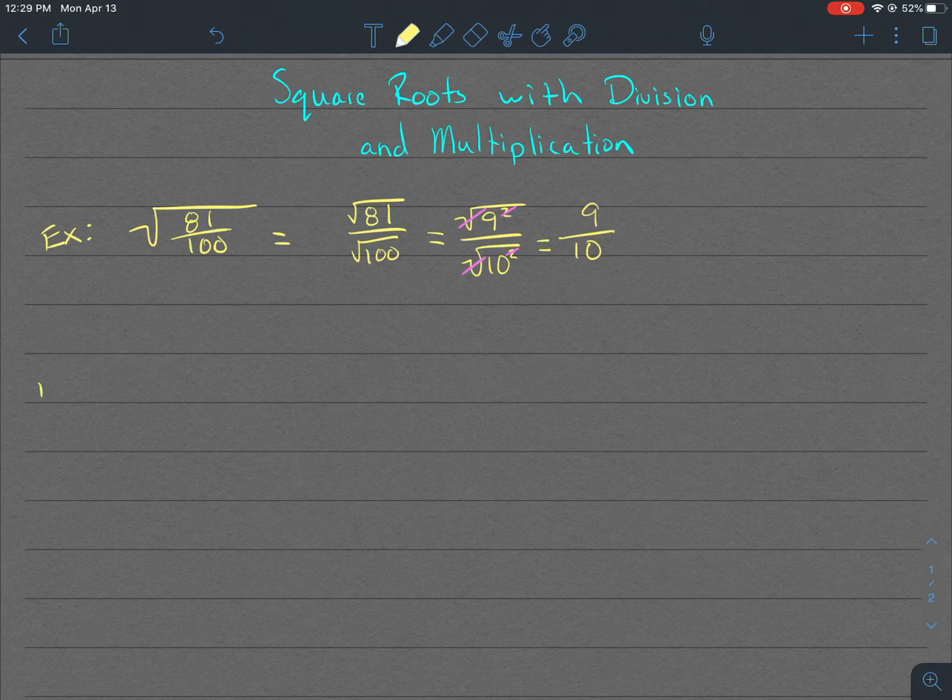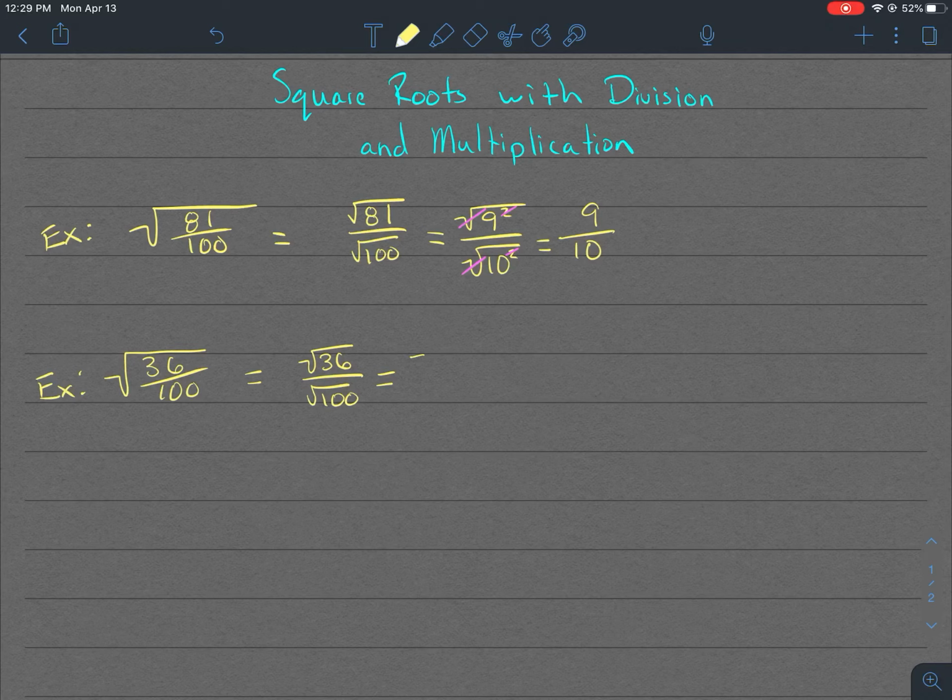Let's do an example that looks like this. Let's say I have the square root of 36 over 100. Again, you can separate it to where it's the square root of 36 over the square root of 100. And the square root of 36 is 6.